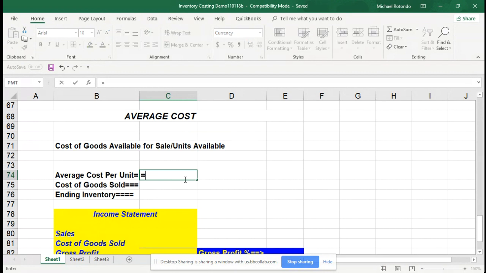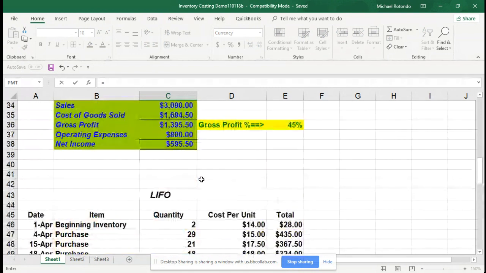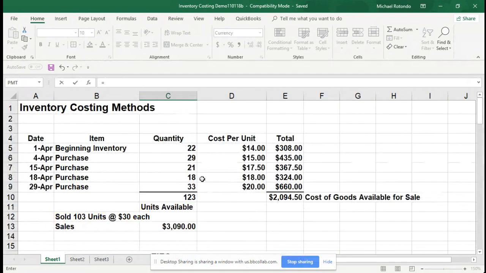So we can type in equals here, and we could go all the way up to the top of our spreadsheet, and we had determined that our cost of goods available for sale was $2,094.50. We simply have to divide that by the 123 units available. So we can press the slash, that's division on Excel, and click on the 123.